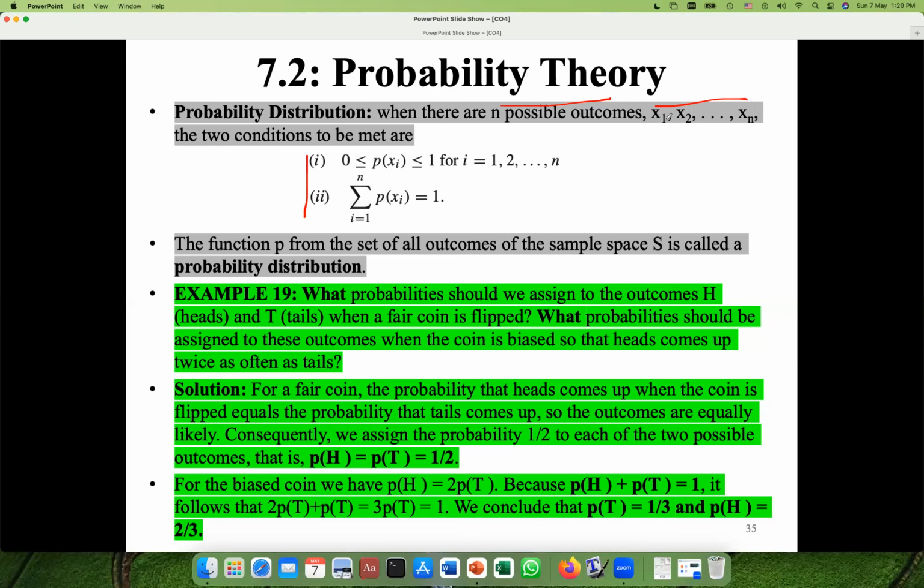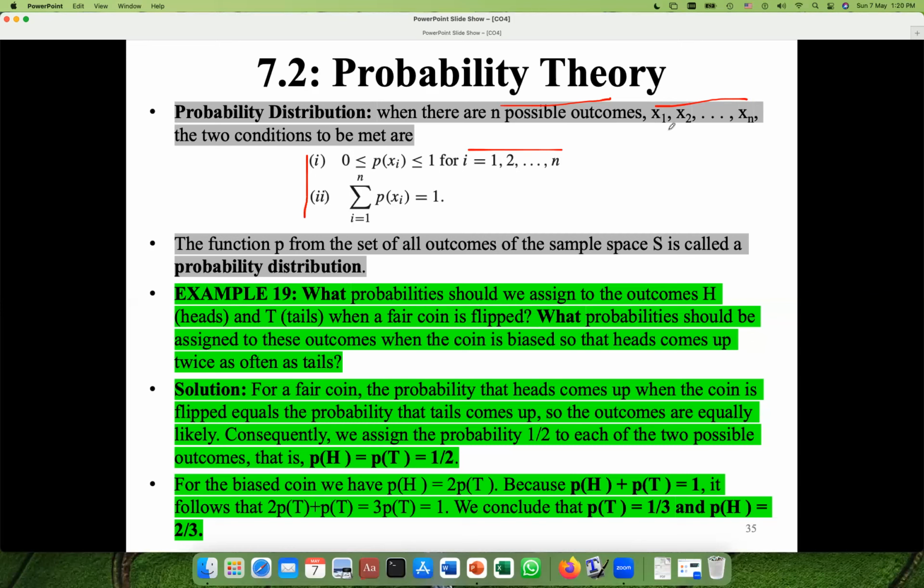The first thing is that if these outcomes are events, their probabilities would be between 0 and 1. Probability of xi would be greater than or equal to 0, can be 0, and less than or equal to 1. It would be between 0 and 1 for all the i's, for all 1, 2, up to n.